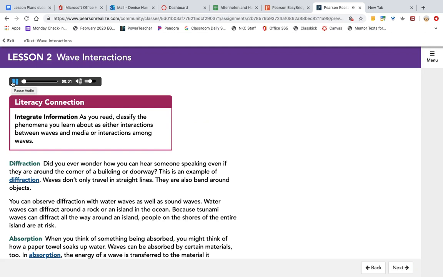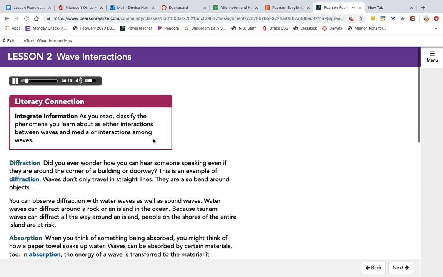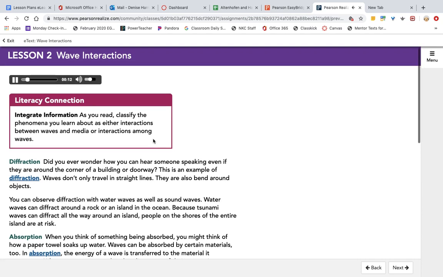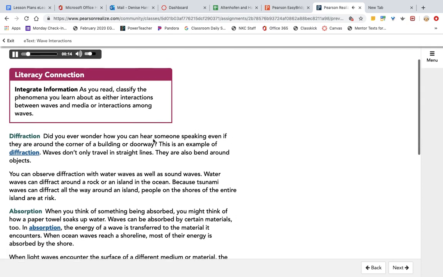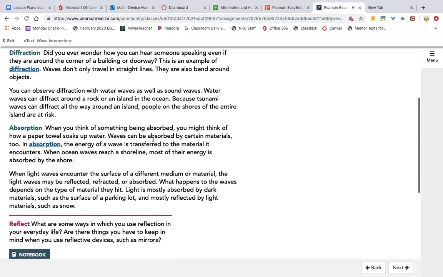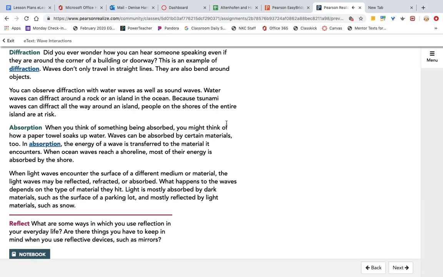Literacy connection. Integrate information. As you read, classify the phenomena you learn about as either interactions between waves and media or interactions among waves. Diffraction. Did you ever wonder how you can hear someone speaking even if they are around the corner of a building or doorway?